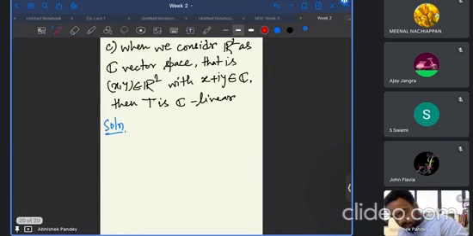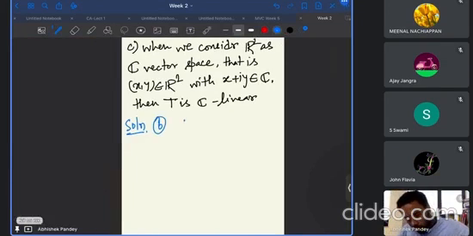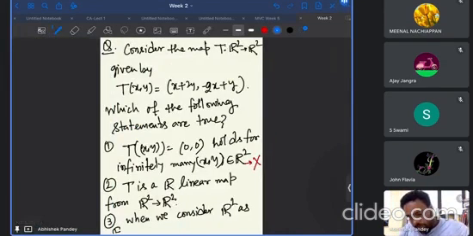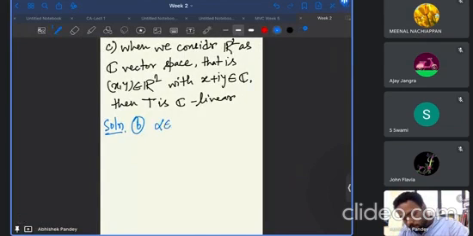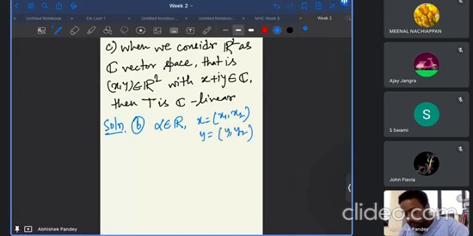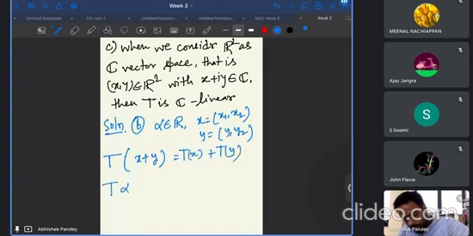Yeah, exactly. This we can solve rigorously also. To check this is an R linear map, we take alpha belonging to R, and take x, let us say x1 comma x2, and y, let us say y1 comma y2, and we have to check these conditions: T of x plus y should be equal to T of x plus T of y, and T of alpha x is equal to alpha times T of x.